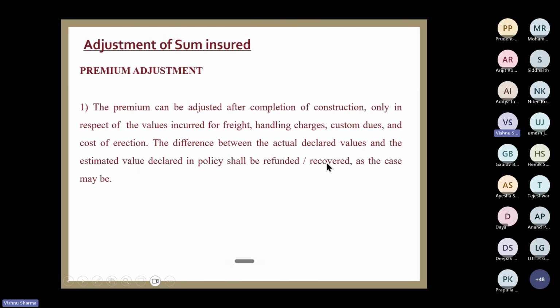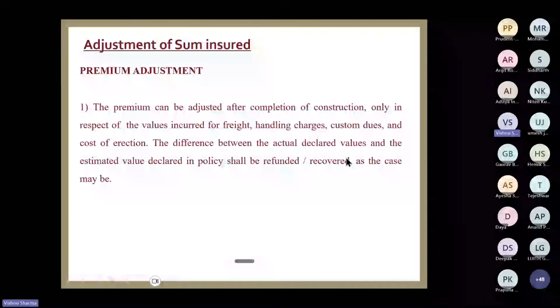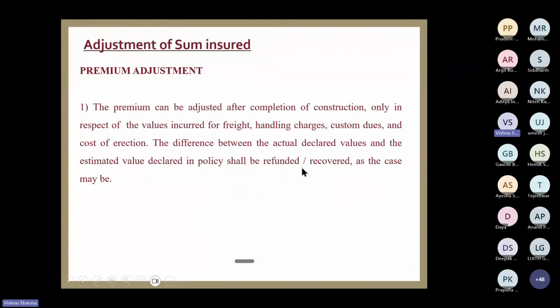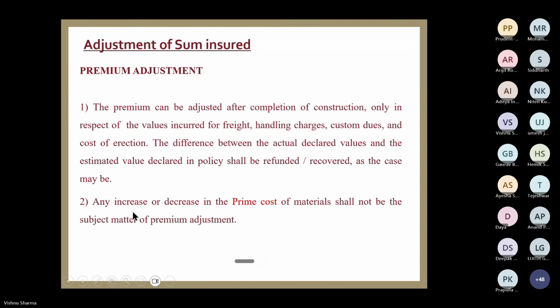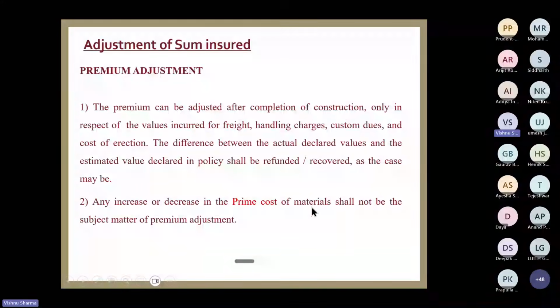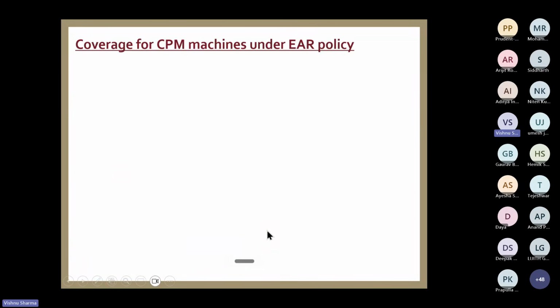If the actual is found to be more than what was declared, then additional recovery is supposed to be there. But practically it is not done, only refund is done. Once the project is over, it is very difficult to recover anything from the client. Then any increase or decrease in the prime cost of the material is not subject to refund.